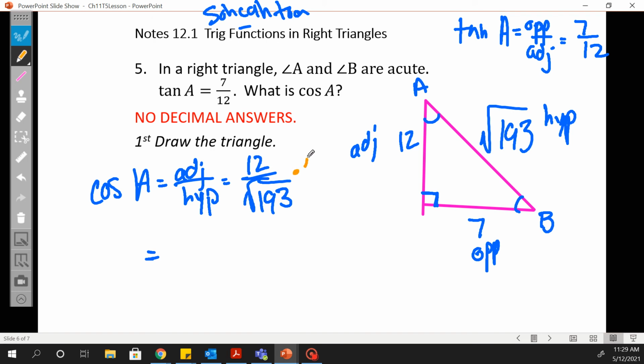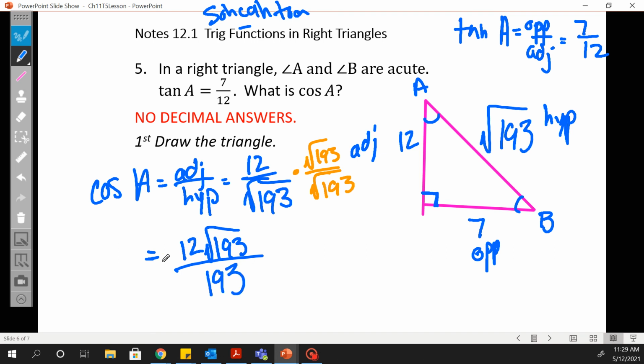So we need to multiply by square root 193 over square root 193 to rationalize that denominator. So in the numerator, we have 12 times the square root of 193, and the denominator, we just have 193. And remember, 193 doesn't factor into anything, so 12 and 193 don't have anything that can factor out to cancel. So our cosine of A is 12 times the square root of 193 over 193.